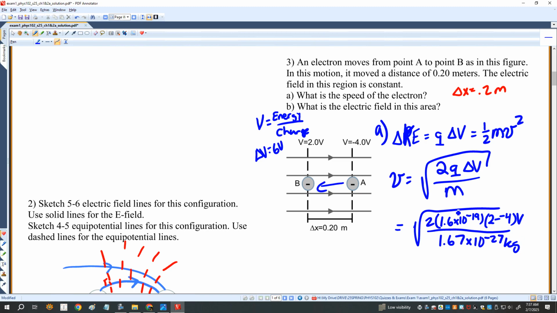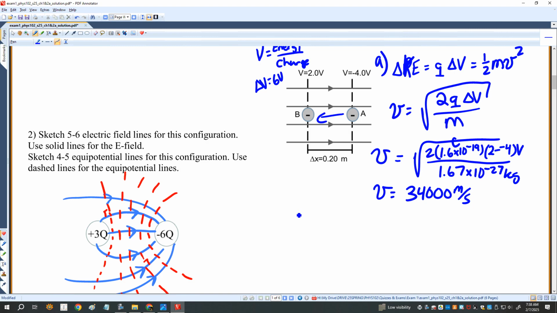That's in volts, this is in coulombs, and that'll give me my speed. Pause this while I calculate it. Here I get 34,000 meters per second. So as this electron moves across a 20 centimeter delta V of 6 volts, it accelerates to 34,000 meters per second.